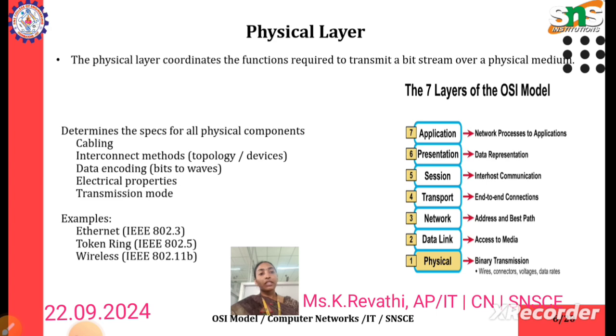These are the overview of the 7 layers, from network process to application. The presentation layer tells about how the data will be represented. The session layer handles inter-host communication between the upper layer and the lower layer.